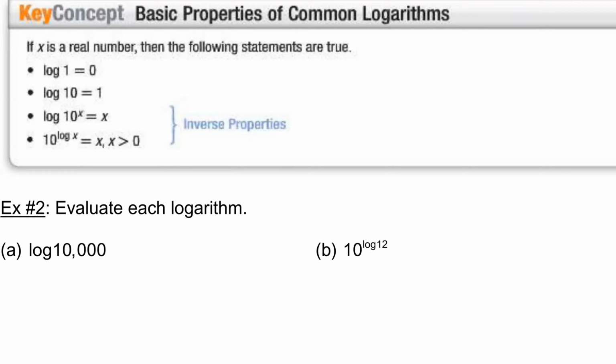So, basic properties of common logs. Guess what? If it's a common log, you don't see the base. Secretly, it's base 10. So if it's ever just log blah blah blah, and it doesn't have the base written, it's secretly going to be 10. Okay. So we have 10 to the 0 is equal to 1.